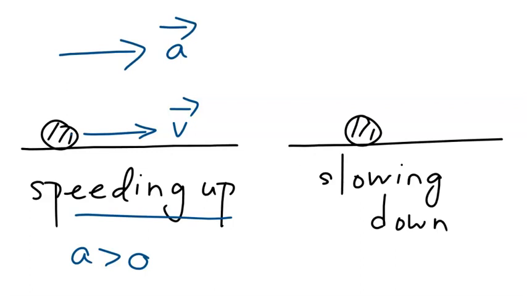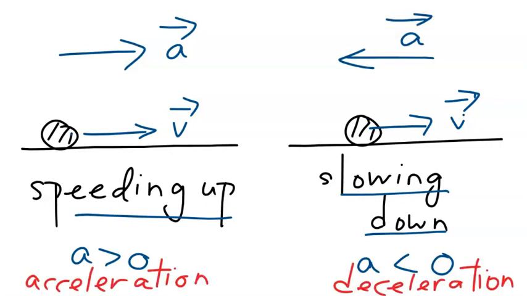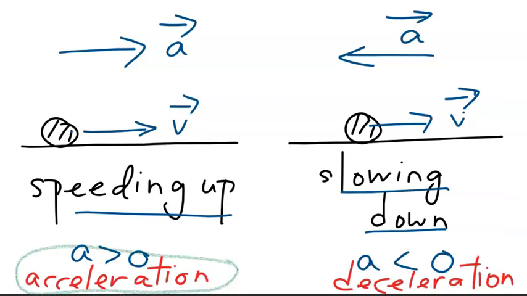Now, if the object is slowing down, we say it is decelerating, or the acceleration is negative. If the velocity is to the right, the acceleration now is heading backwards because the object is decelerating. So the positive acceleration case is called acceleration, and the negative acceleration case is called deceleration, where the object is actually slowing down.